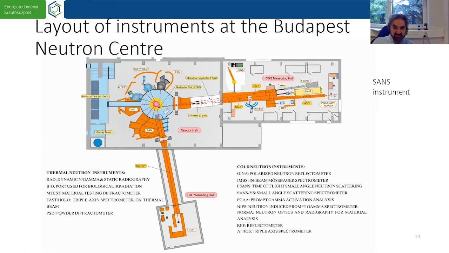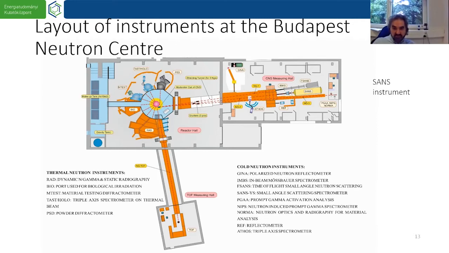So basically, these are the two types of neutron sources which are used in neutron scattering. And there is a third one, which is probably unique, and it works only in Russia, in the Joint Institute of Nuclear Research, which is near Moscow. And that is a plutonium source which is rotating on a wheel.